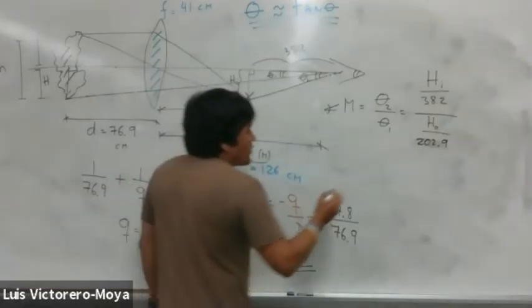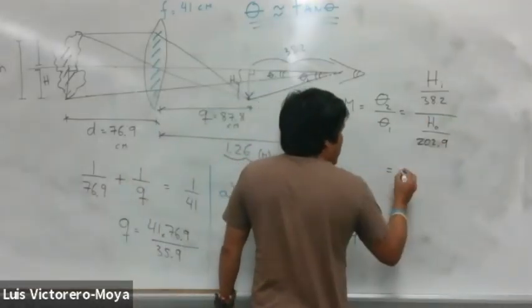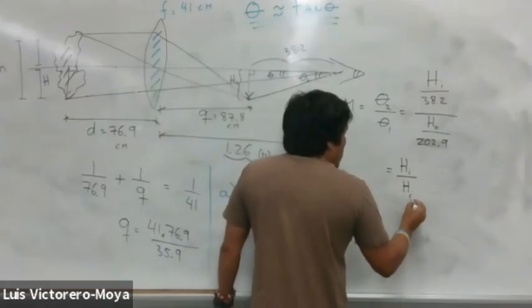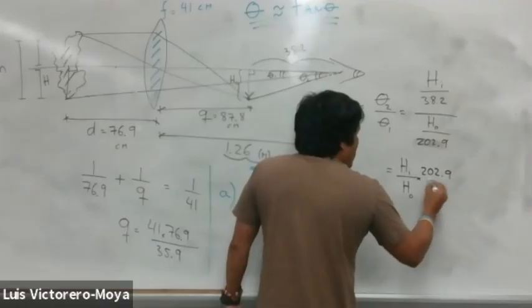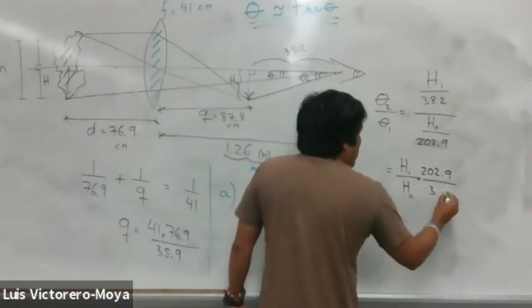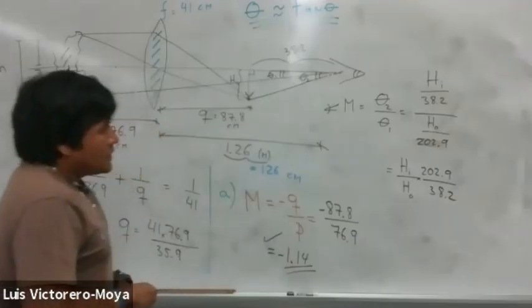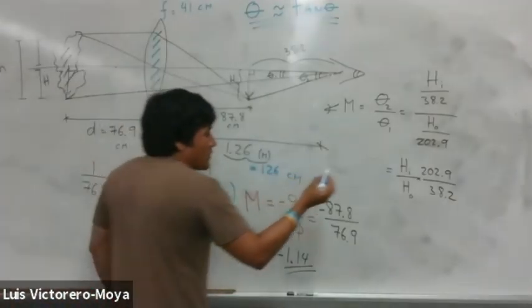And then it becomes something like, if you remember here, right? This times that, so hi over ho times 202.9 divided by 38.2. But hi and ho, how do I get this?